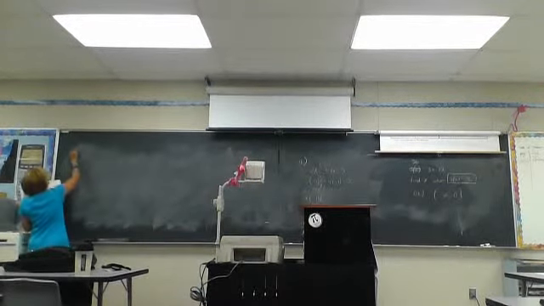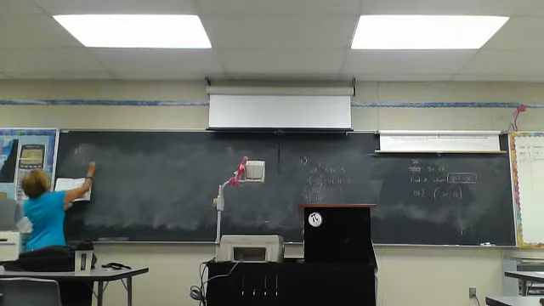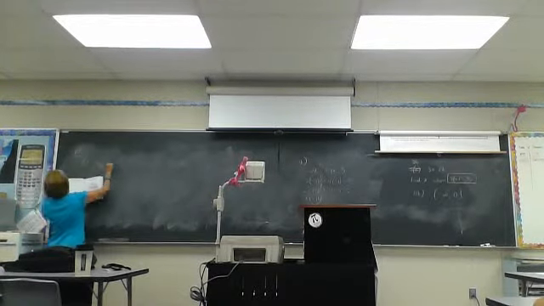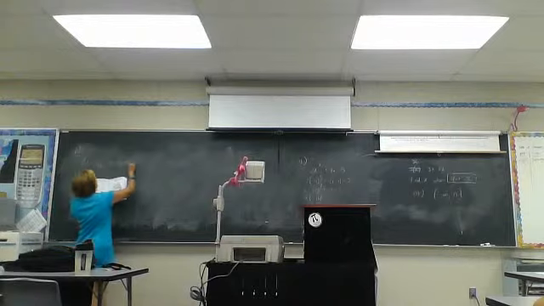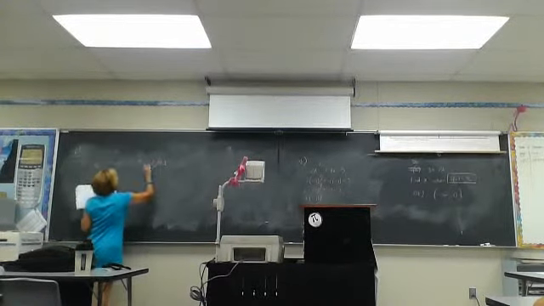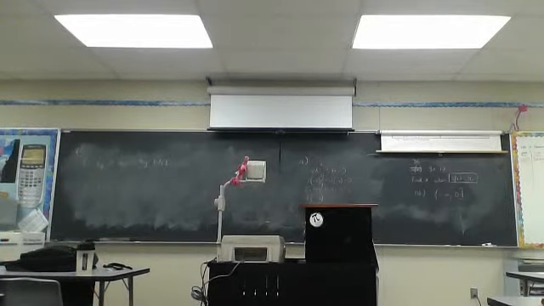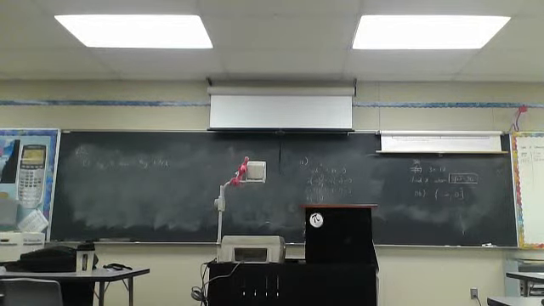So we're on page 15. Your first one is 3y plus 60 equals 5y plus 42. Now, let's use our chart.